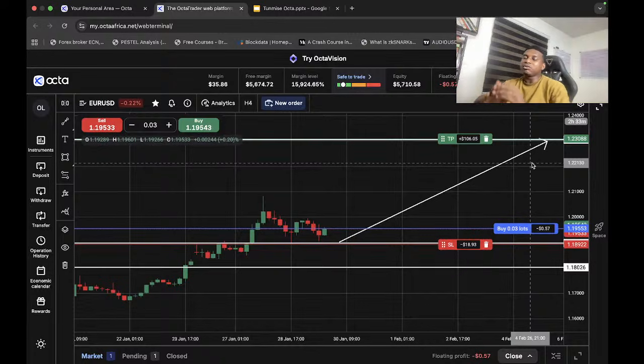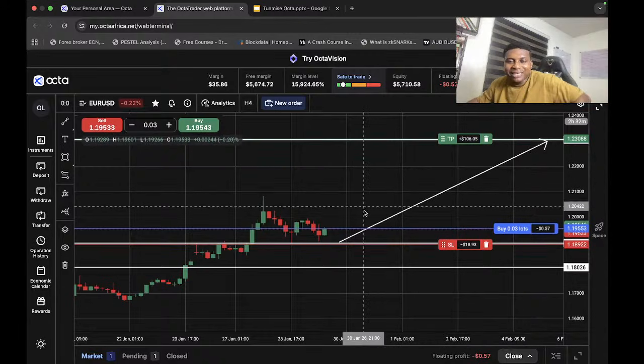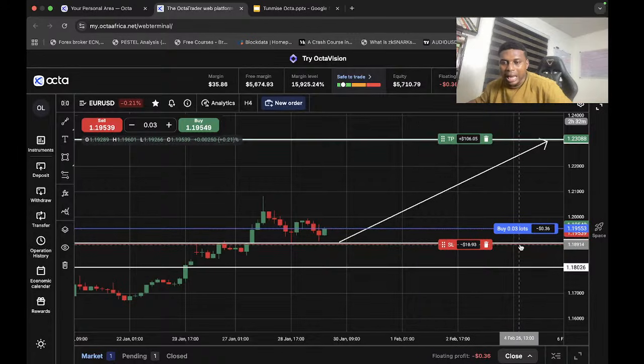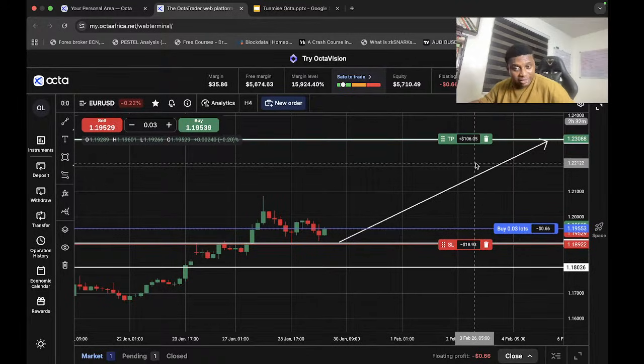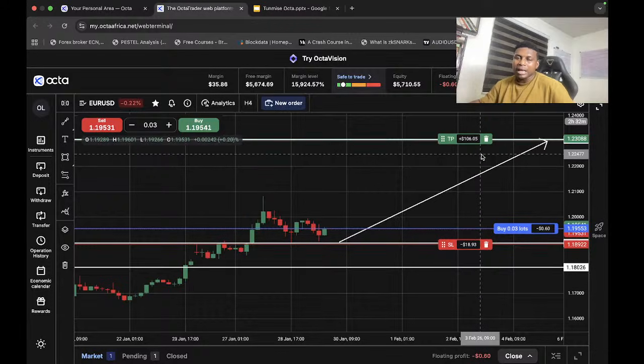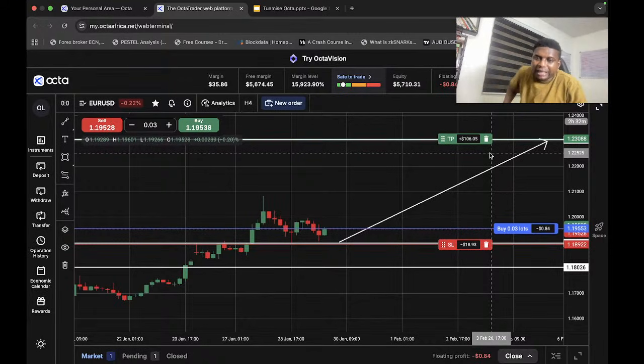Now you could see that we set our take profit level meticulously, such that if price goes against me, I lose $18, and if price goes in my favor, I make $106, and I'm good for this trade. Okay, fantastic.